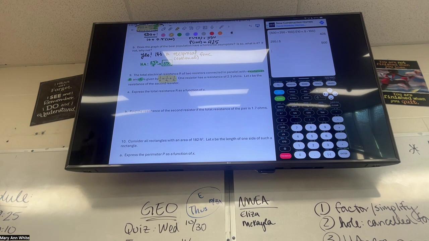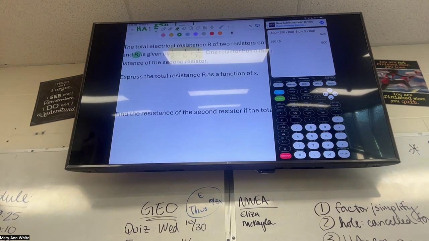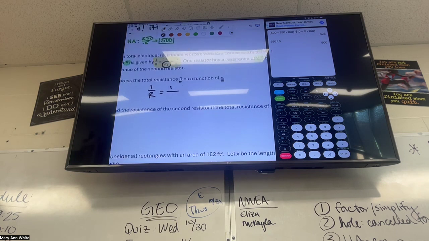One resistor has a resistance of 2.3, and let X be the resistance of the second resistor. Okay. So I have my equation. I don't need to take anything out of R because it says express the total resistance as a function of X. So I'll go 1 over R equals, what did they say the first resistor's resistance is? 2.3. And then what did they say the second one was? X, very good.